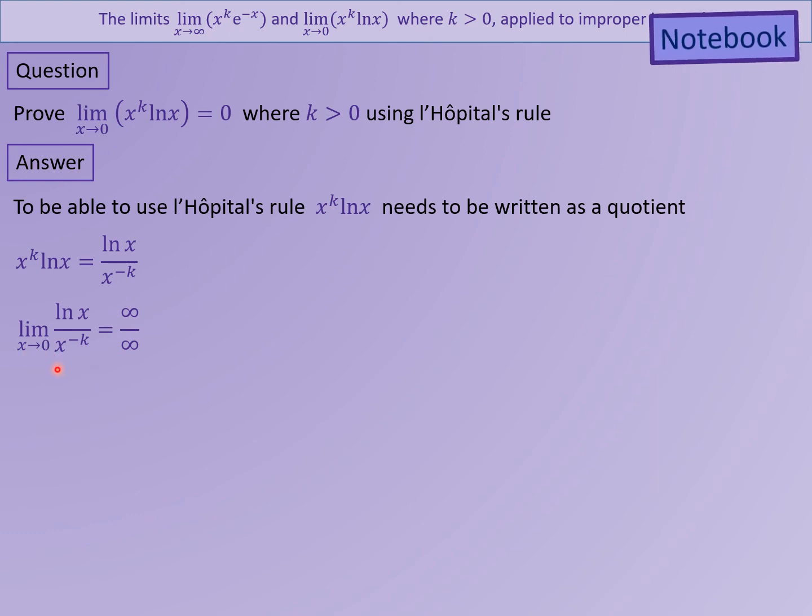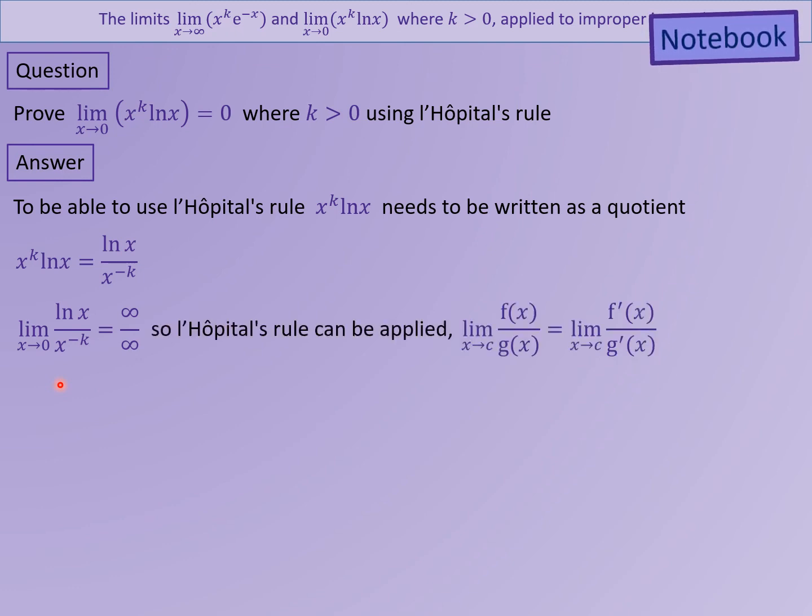I've also noticed that as x tends towards 0, x to the minus k, which is of course 1 over x to the k, tends towards infinity as well. They both tend towards infinity, so I'm allowed to use L'Hopital's rule. I don't know what the limit of this is, but if I can differentiate the numerator and differentiate the denominator, I should then, hopefully, be able to work out the limit of the original.